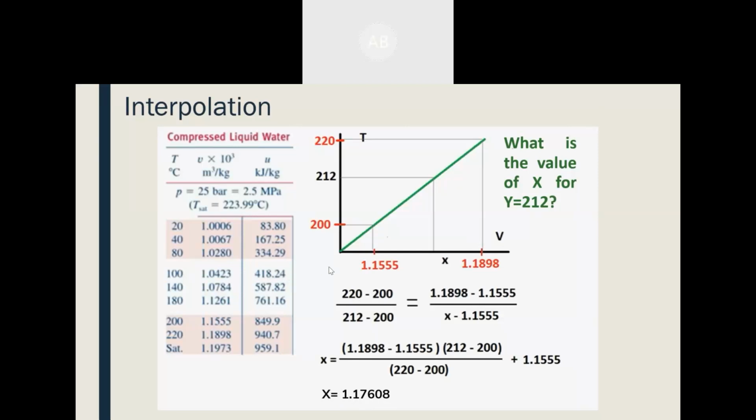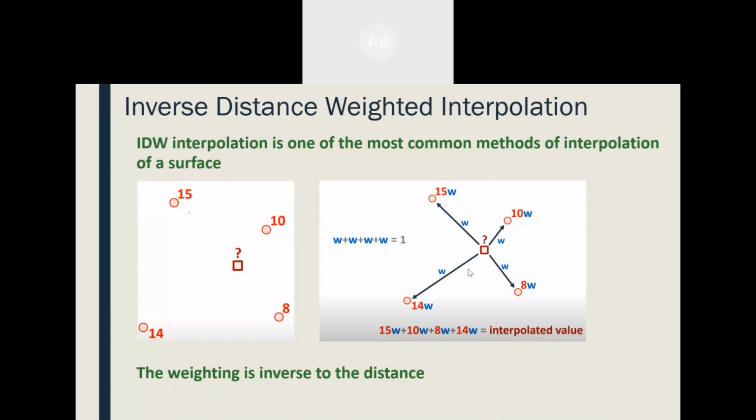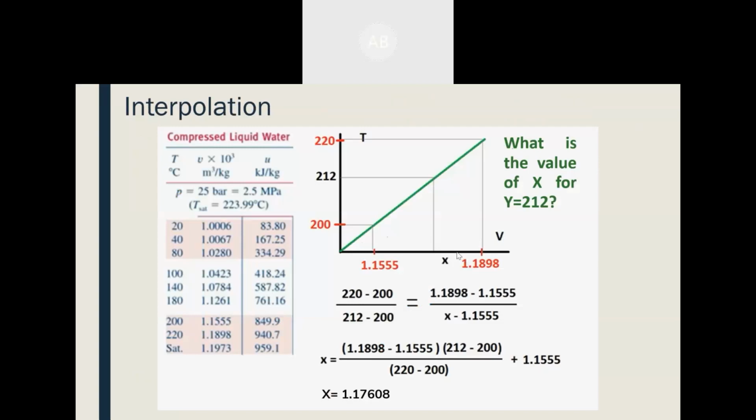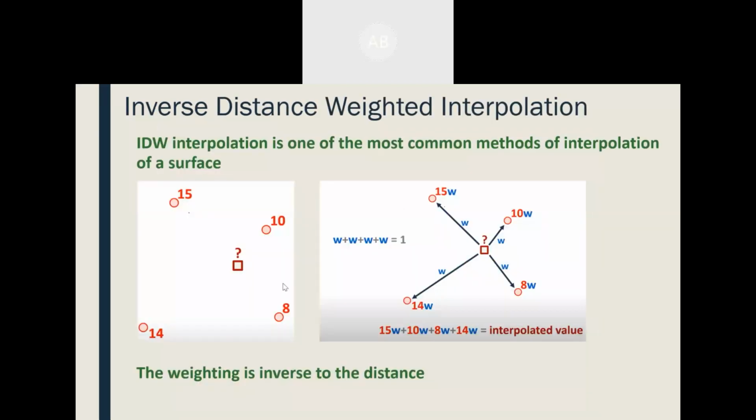Why is interpolation necessary to know? Interpolation is the basis of one technique which is quite frequently used in GIS, known as IDW, or inverse distance weighted interpolation. So far we have done interpolation in a two-dimensional field, where we are only talking about a straight line, right? But there may be cases where you have to use interpolation of a surface.